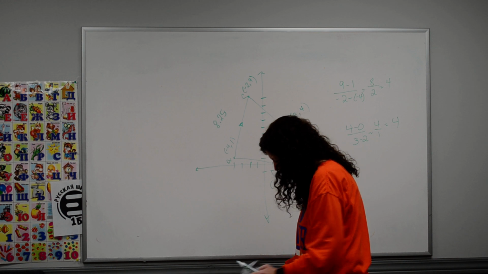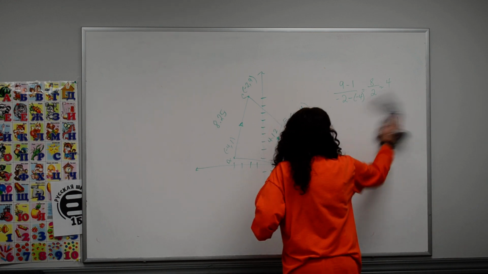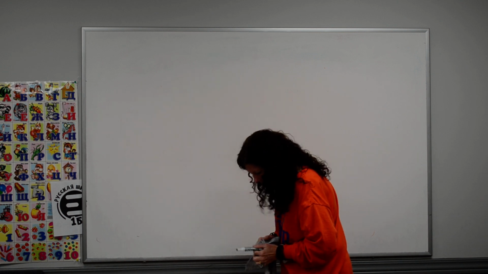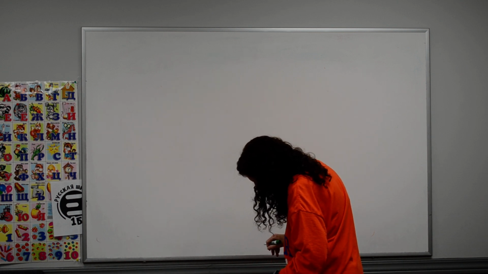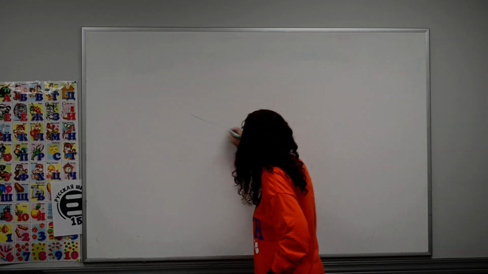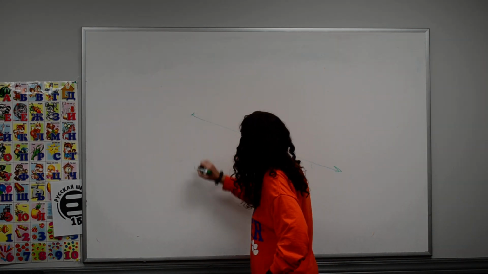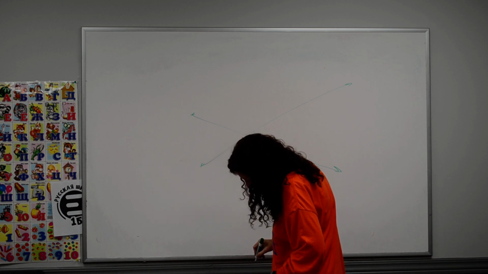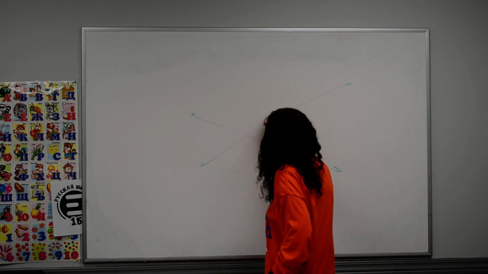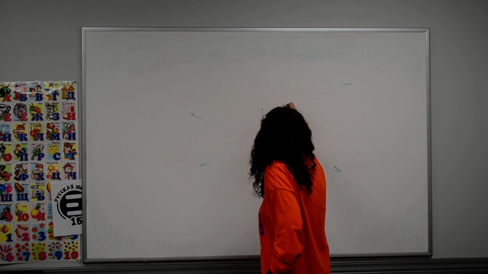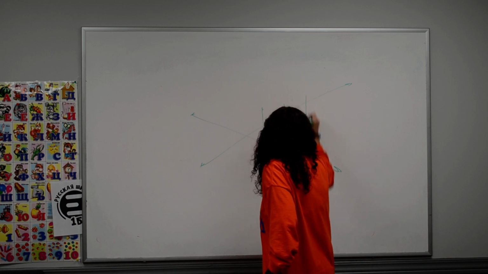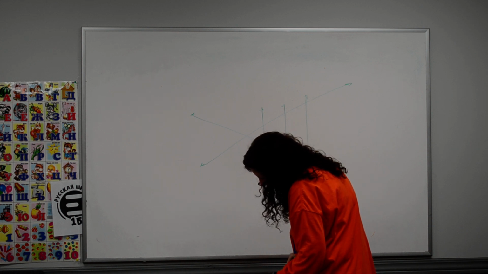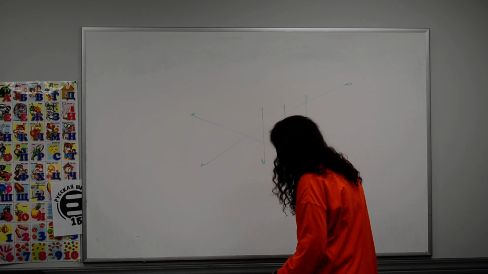One last thing. On the bottom of page 309 there is a corollary that's very similar to what we just did on a theorem. It basically says this: if 3 or more parallel lines intersect 2 transversals, so here's 1, 2, 3 parallel lines, then they cut off the transversals proportionally.